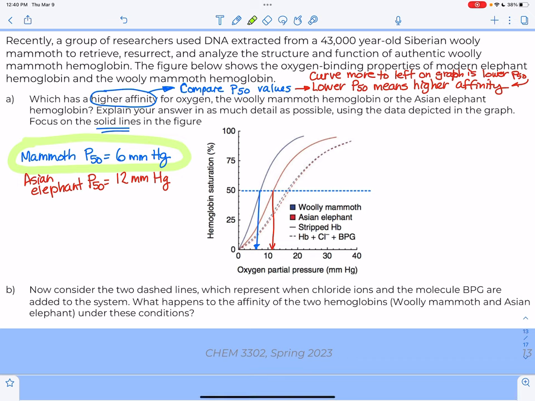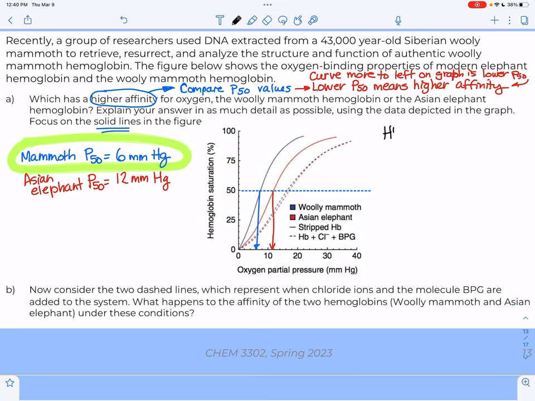Now if we want to think about why this might be, why would it be to the advantage of the woolly mammoth to have its hemoglobin have a higher affinity for oxygen? Think about what you may have studied in Gen Chem about chemical reactions and temperature. This is a chemical reaction that's just binding.